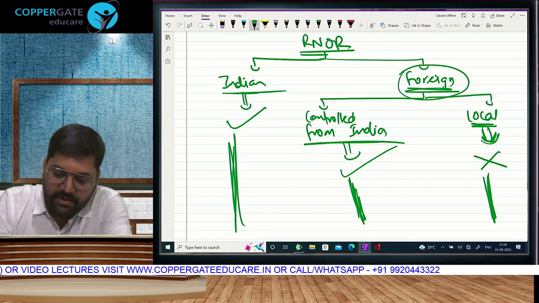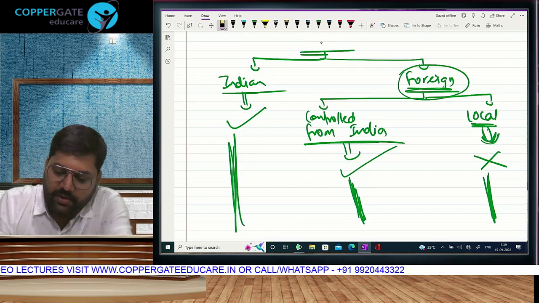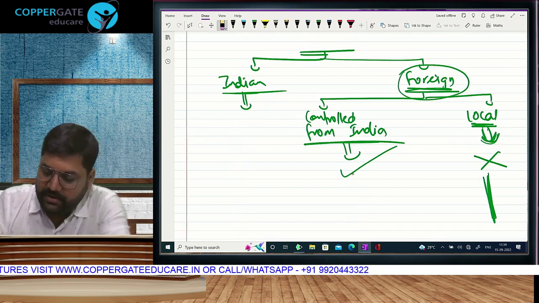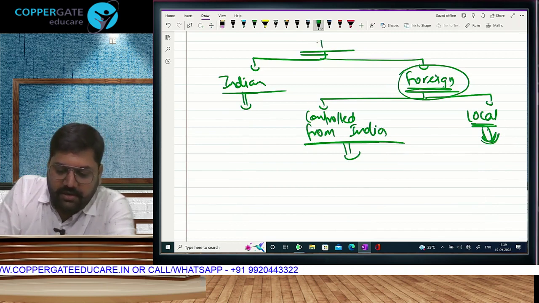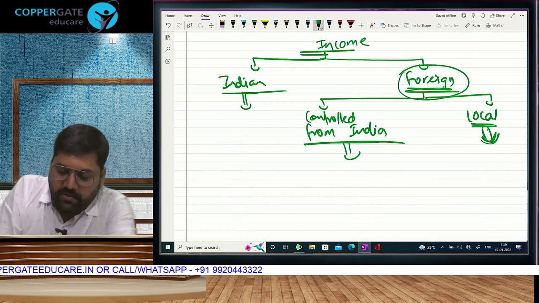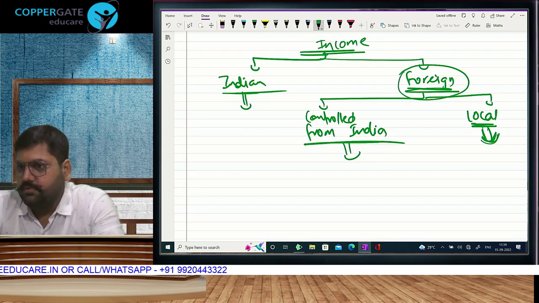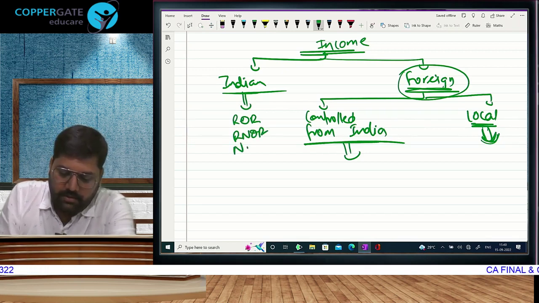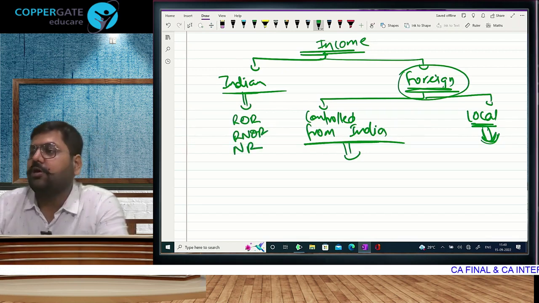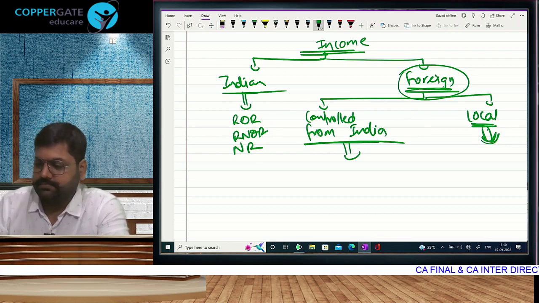Everyone? Or if I remove RNOR from here and I divide your income in these three categories, let me see what is your status. Indian income. You just have to tell me taxable for ROR, RNOR, NR, none of them, all of them, just give me the answer. Foreign income from local sources, no Indian connection.